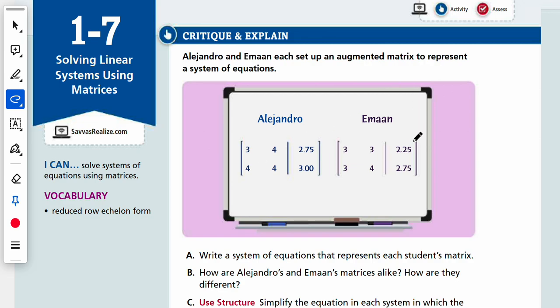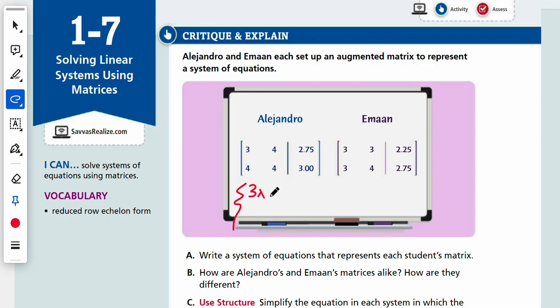So the augmented matrix should represent a system of equations. So let's write a system of equations that represents each student's matrix. So we have Alejandro's matrix and Eman's matrix. Let's write that into systems of equations.